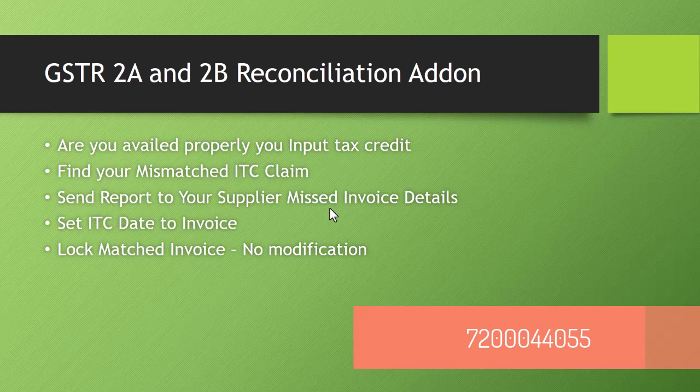What is the content in that report? Sir, we purchased 10 bills. All the details of the bills are given below. Of the 10 bills, I will get ITC on only 7 bills. For the remaining 3 bills, we did not get the ITC from your side. That ITC value is 27,000.